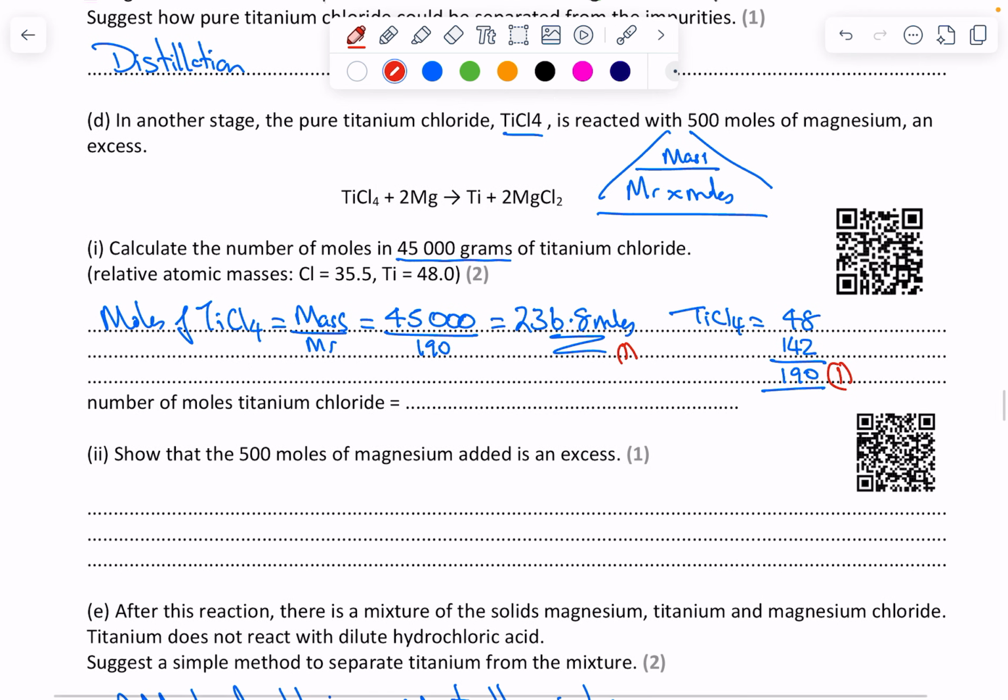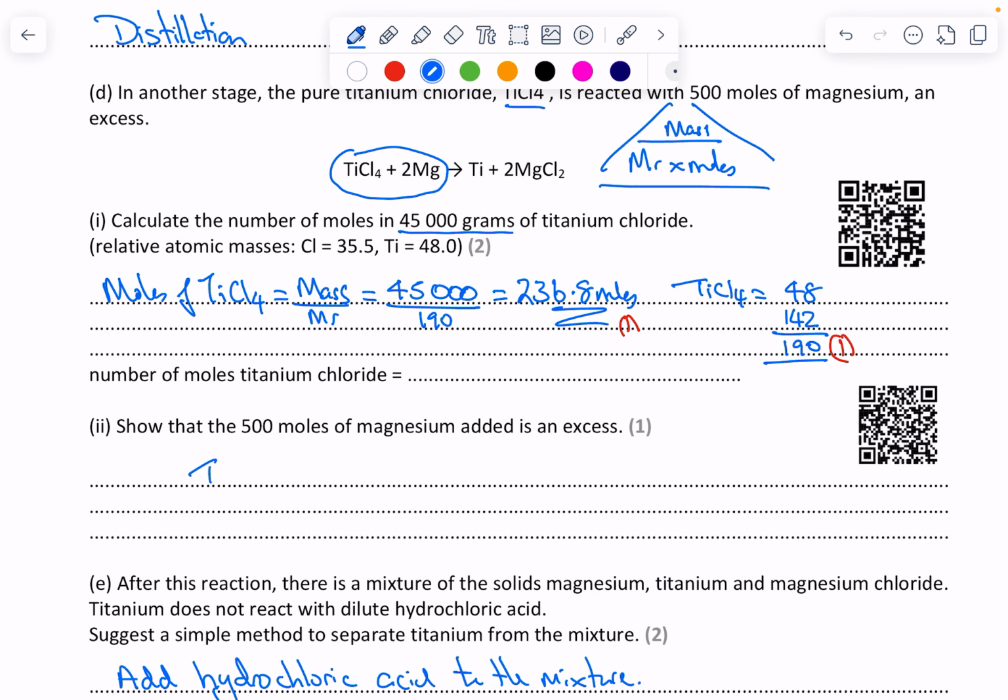It then says, show that 500 moles of magnesium is in excess. So what I'm going to do here is we can see the ratio between these two: for titanium chloride there is 1 mole in the balanced equation, and that's reacting with 2 moles of the magnesium. So if I've just worked out that I've got 236.8 moles of this, what I'm trying to do is work out how many moles of the magnesium are needed.